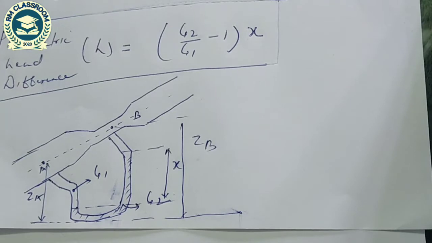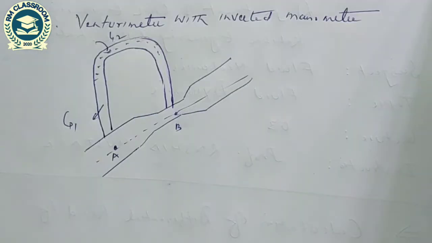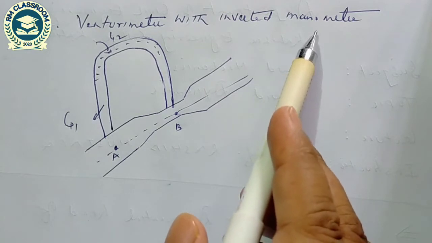Once we apply Bernoulli's equation, we will get the expression of this head, (G2 by G1 minus 1) into x. So this is the venturimeter with inverted manometer.